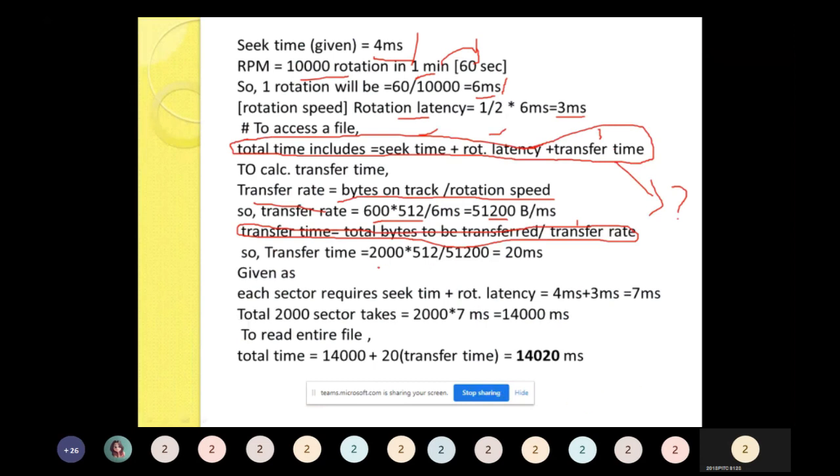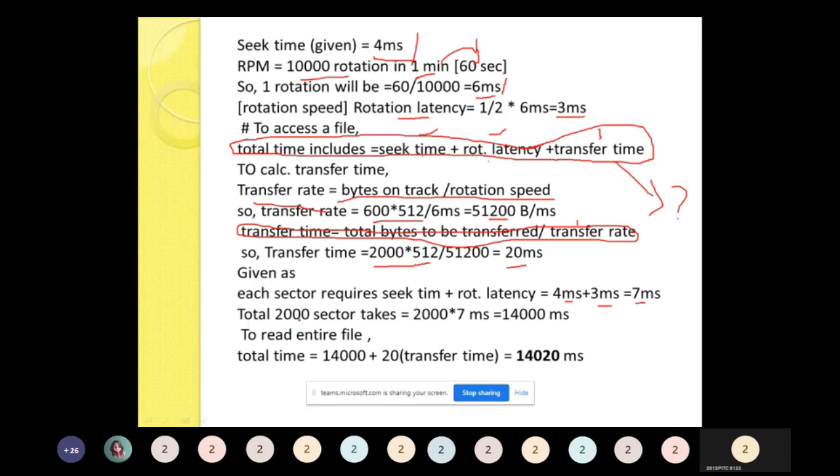Now we apply it in this formula. Total bytes, that is the total number of sectors we need to transfer, 2000. So 2000 into 512 divided by the transfer rate gives the answer 20 milliseconds. From my main formula, seek time plus rotation latency is 4 millisecond and 3 millisecond, 7 millisecond.